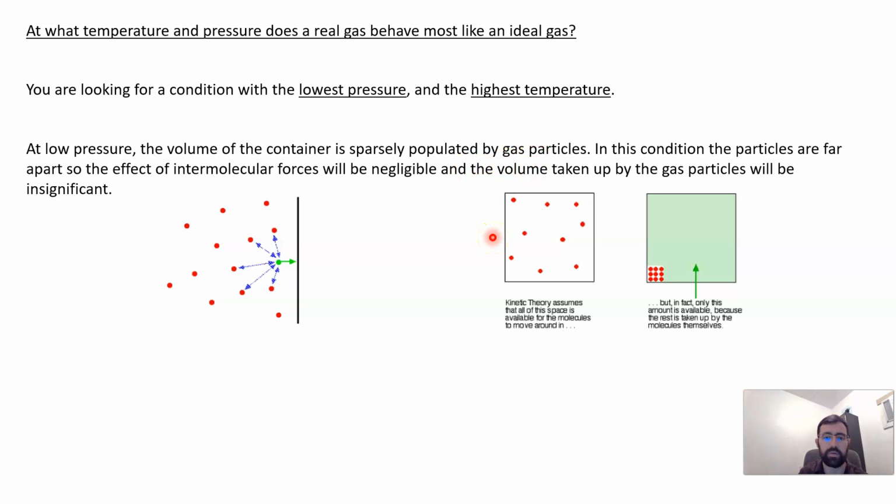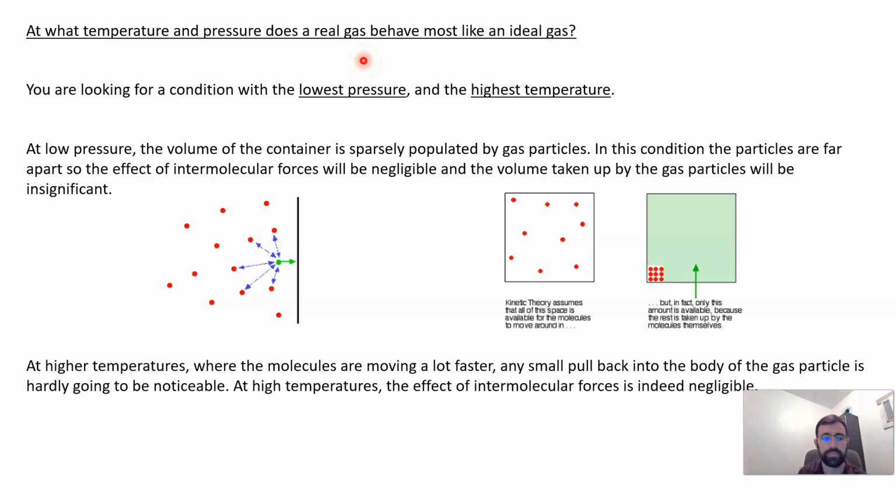So thinking about this idea here, if we have low pressure, those particles are spread out more, so the volume taken up by them is very small. In this condition, the particles are very far apart. The effect of intermolecular forces will be negligible too, and the volume taken up by the gas particles will be insignificant. So both of those factors are true at lower pressures.